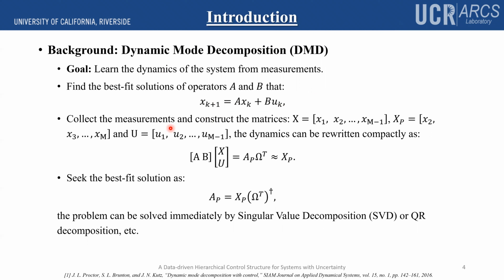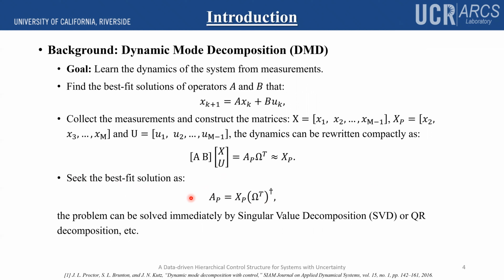To extract the model, we will first collect the measurements of the states and the input and write them compactly into matrix form. Then we can seek the best fit solution to calculate this operator AP from the measurement matrices.